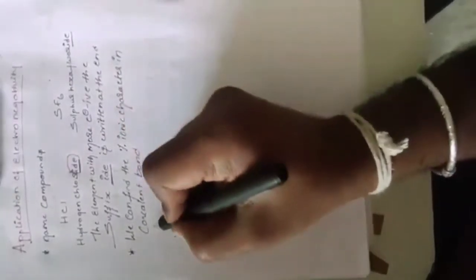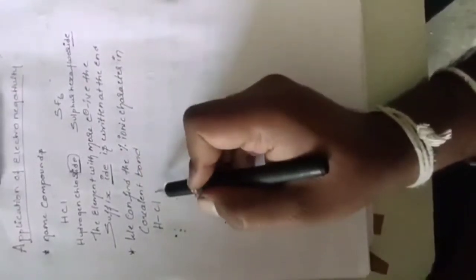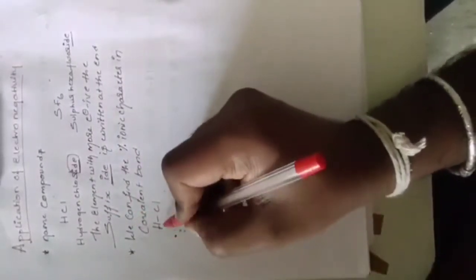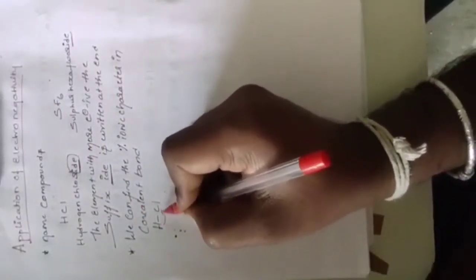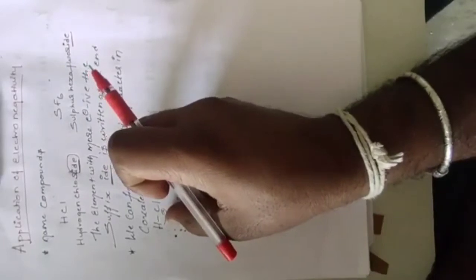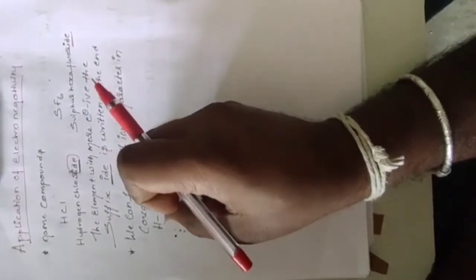We take HCl. It has a covalent bond, sharing of the electrons between non-metal atoms. You see the sharing of electrons. The previous one I explained, that the electrons are sharing. Then it is a covalent bond, sharing of electrons between non-metal atoms.